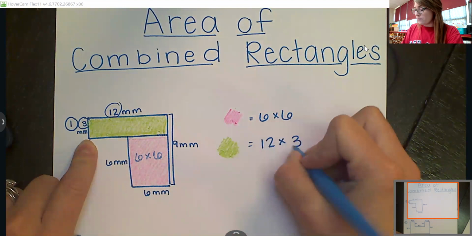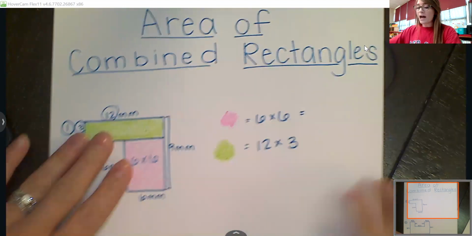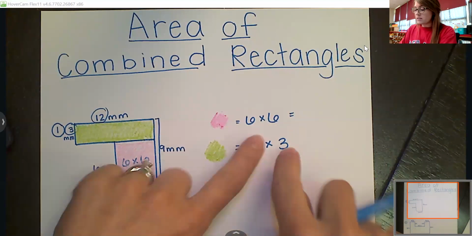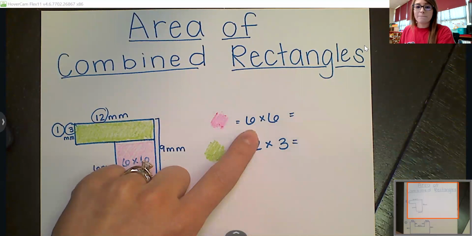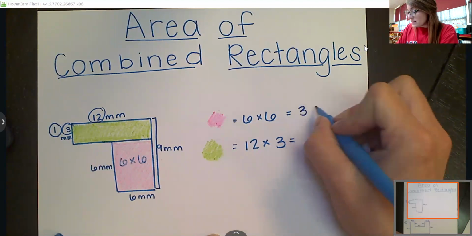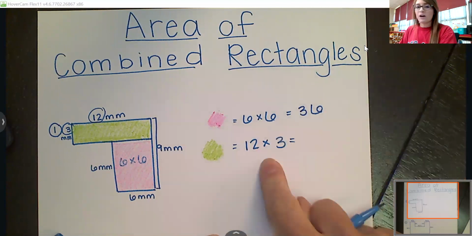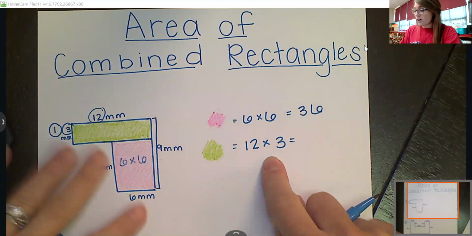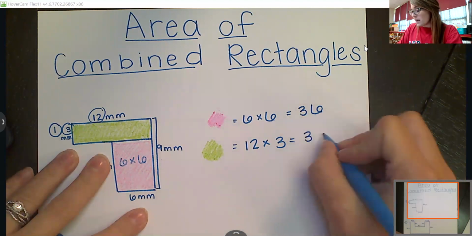Okay. So now I know what I need to use to find the area of each separate rectangle. So now I've got to figure that out. What is 6 times 6? Exactly. It is 36. And what about 12 times 3? Very good. 12 times 3 is also 36.